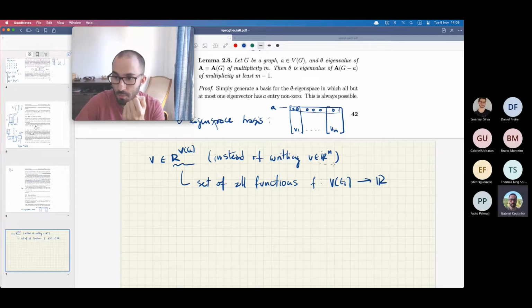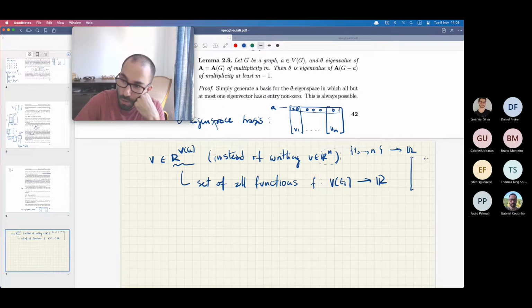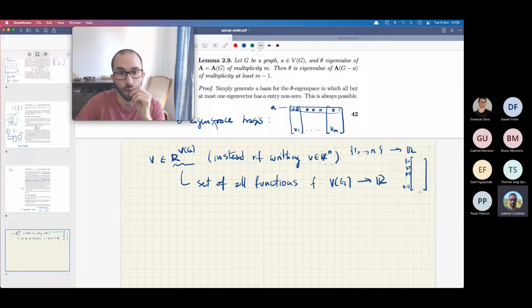So this thing here is usually seen as a function that goes from 1 to n to R, which is going to tell you that 1 goes to a number, 2 goes to a number, 3 goes to a number, n goes to a number. When you write a vector as a column, you're exactly writing a function that maps the index of this entry to a number, the second to a number, the third to a number, and so on.